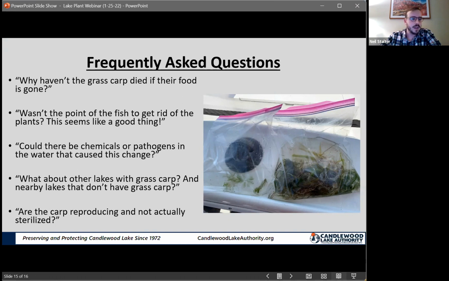And then the next one, wasn't the point of the drawdown and the carp to get rid of the plants? This seems like a good thing. No, it's definitely not. The lake isn't a swimming pool. It's a complex ecosystem. There are food webs, habitats, lots of organisms that rely on the plants for food, for shelter, and losing the plants can have an unfortunate effect on those organisms.